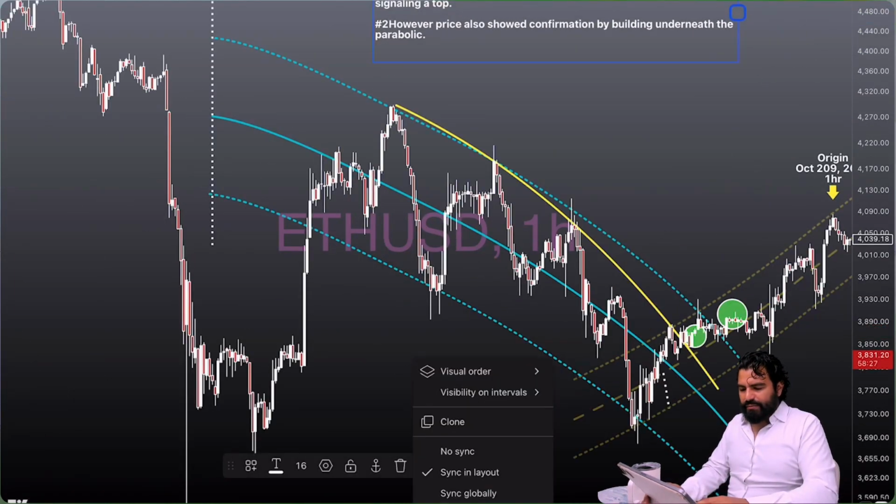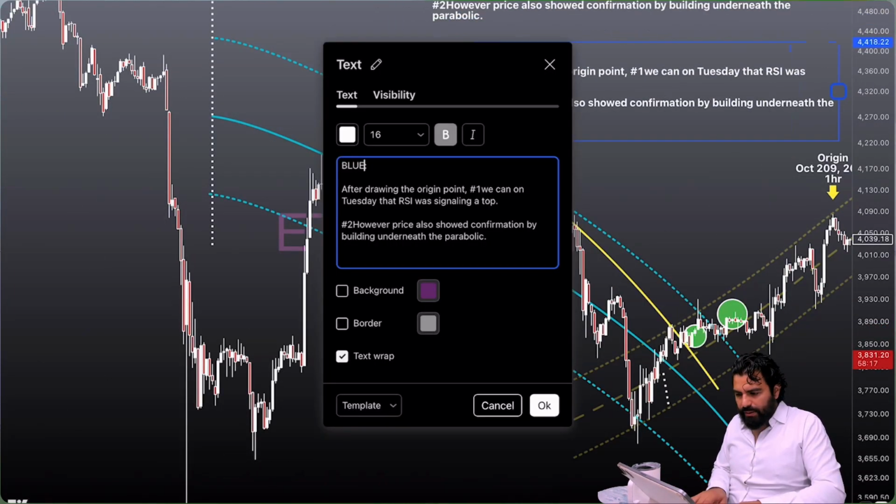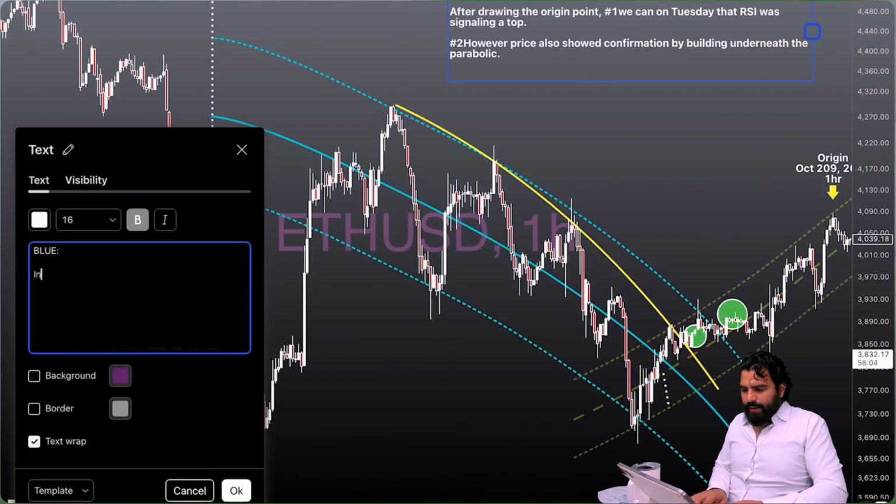I'm going to write this down. Blue. In this example, in blue, for gesture, we can see the health on October 18th.